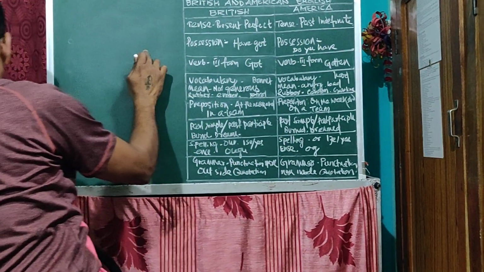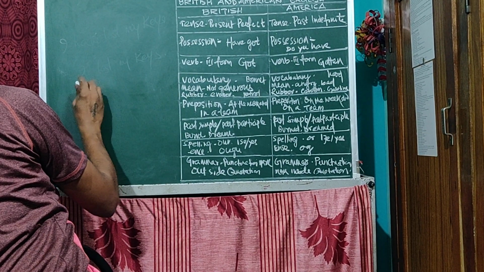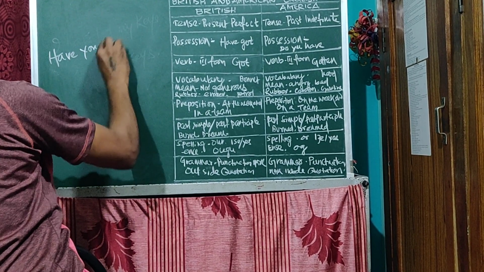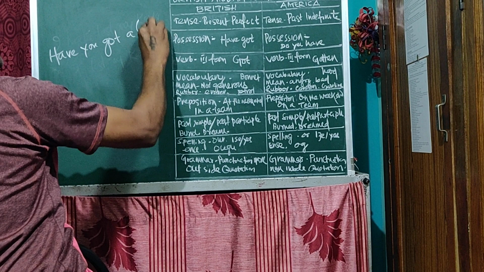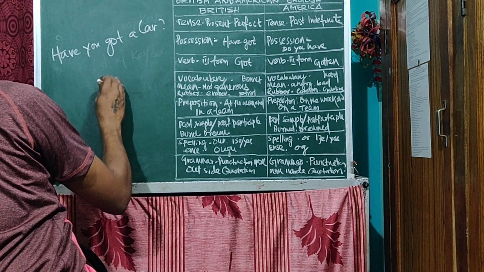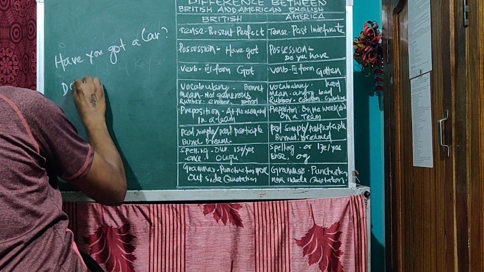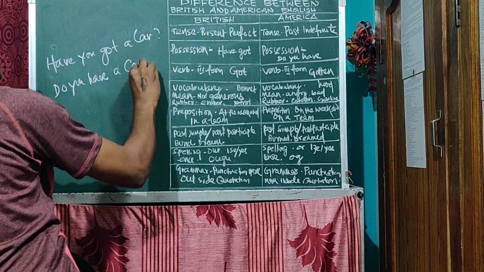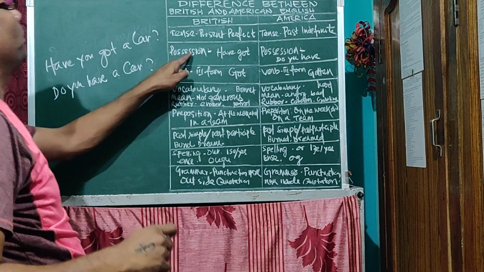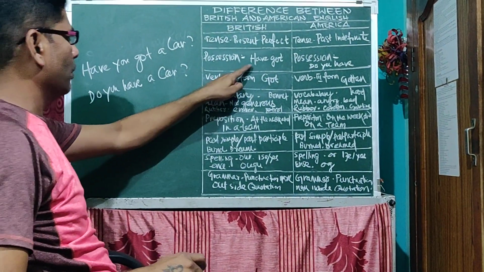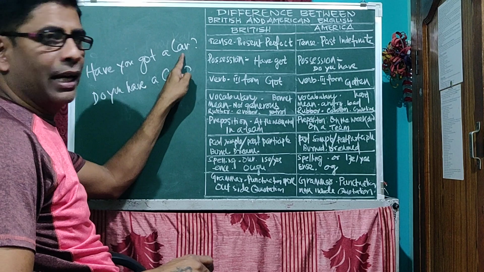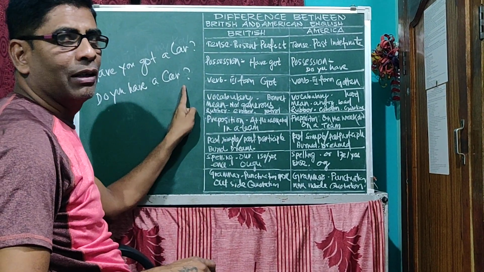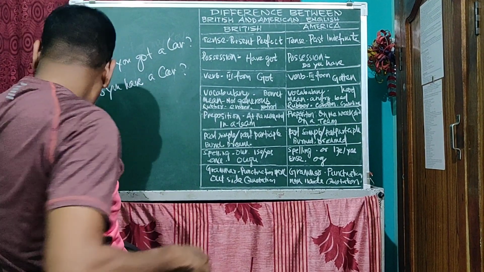For example, in possession, Britishers use the sentence "Have you got a car?", whereas the Americans use "Do you have a car?" for the same sentence.